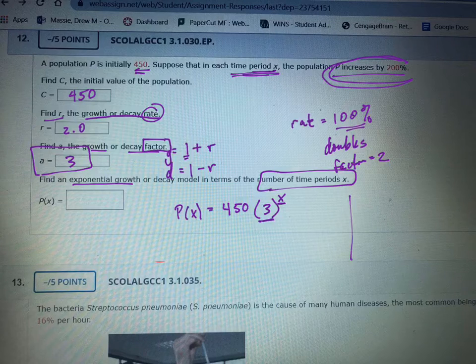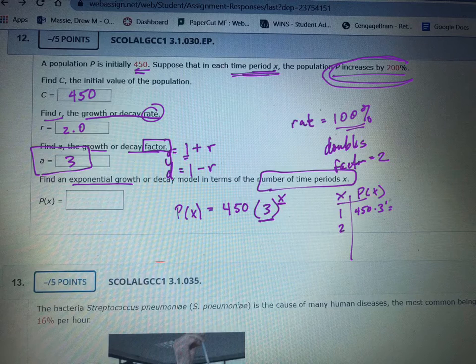So let's do a little table over here and see how that works. Here's X, here's P of X. After one of these time periods, what's your population going to be? It's going to be 450 times 3 to the first power, which is just 450 times 3, which is 1350, I think.